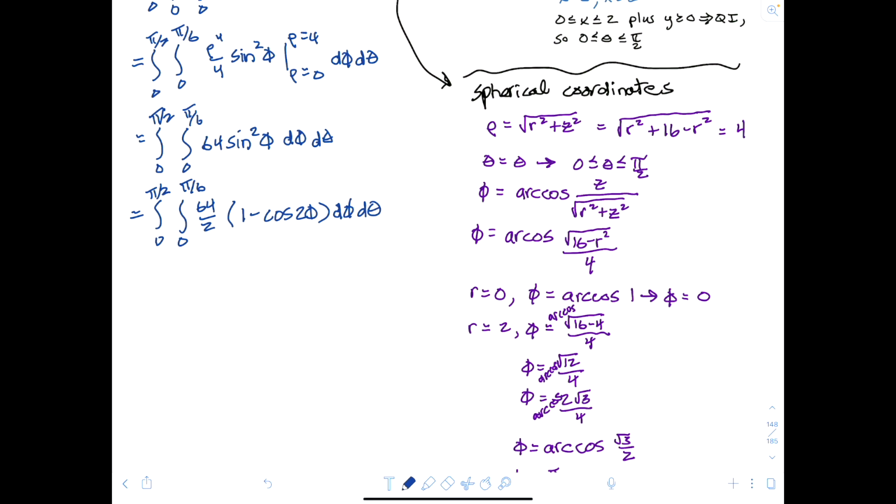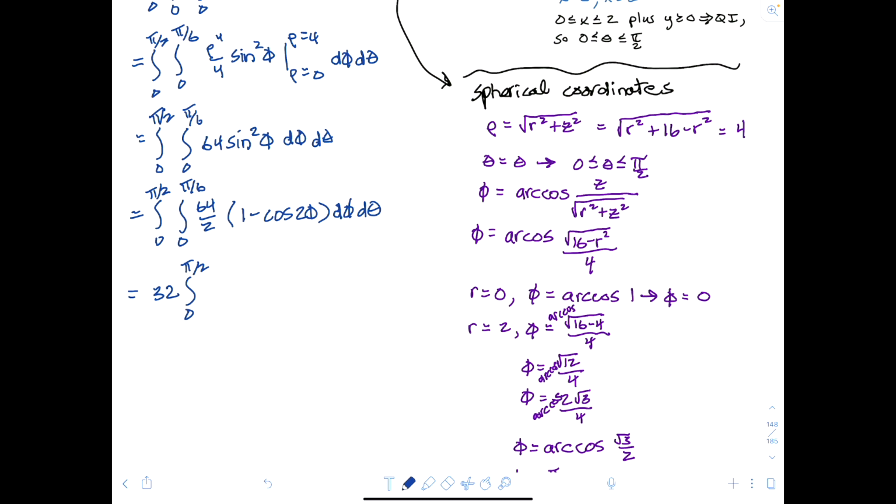So I can bring that 64 halves out to be 32. And then I'll have the integral from 0 to pi over 2. And then, in order to integrate the second part, remember I'll need to balance it by 1/2.